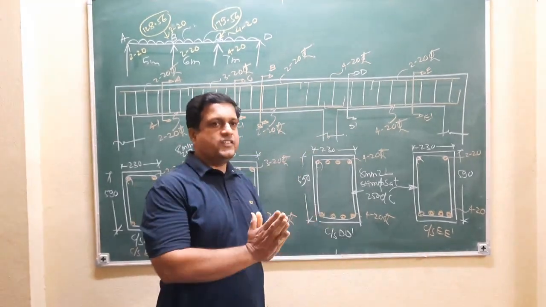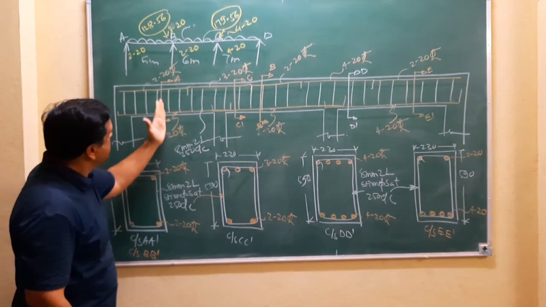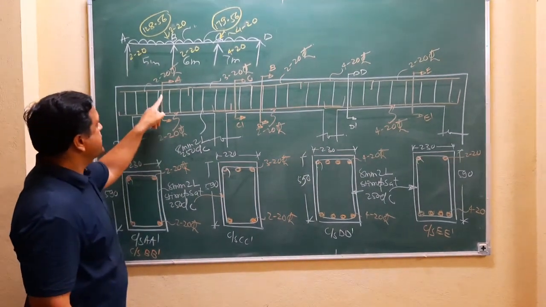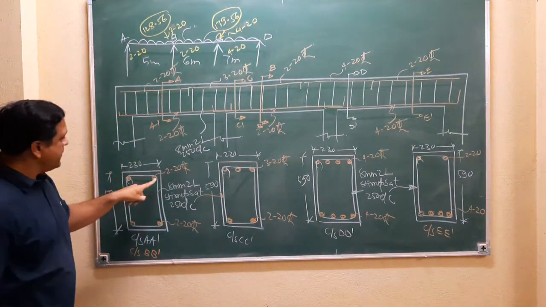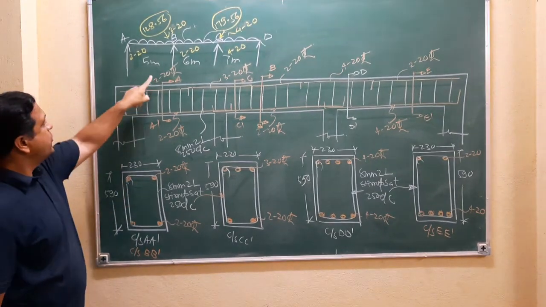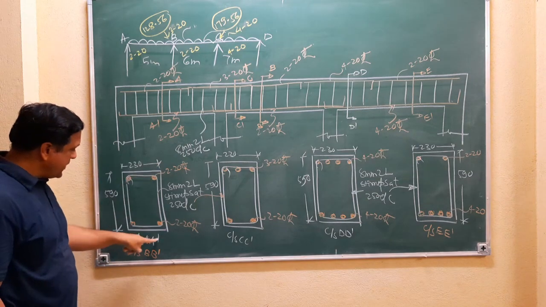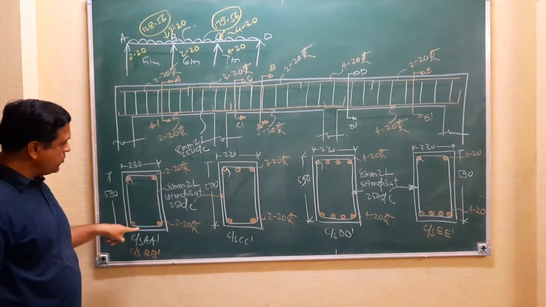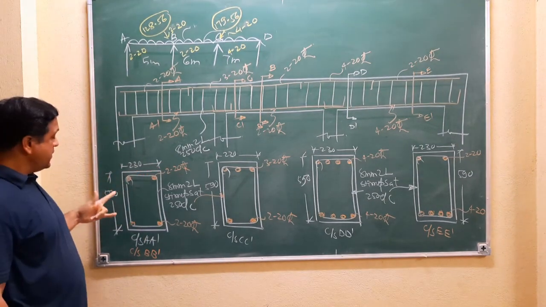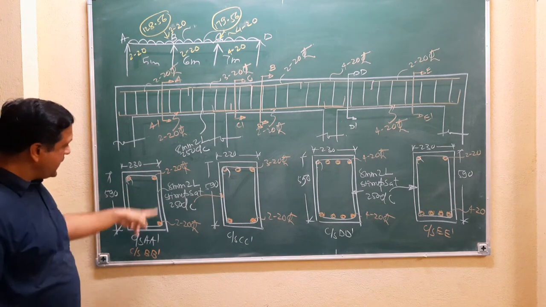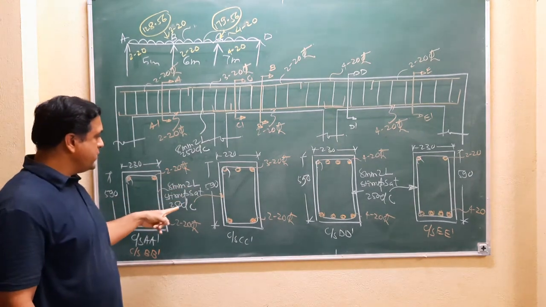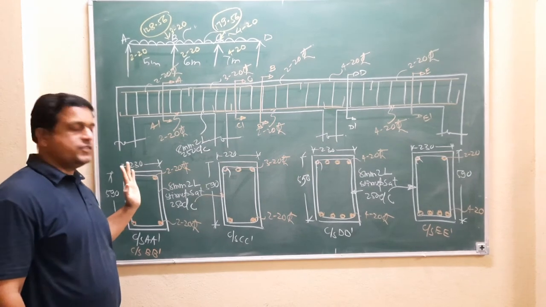So this is the shear design. Now if you cut the beam at this location, section AA dash, 2 bars of 20 mm diameter to show at top. At bottom 2 bars of 20 mm diameter you have to show. Width of the section is 230 mm. Overall depth is 590 mm. And stirrups are 8 mm diameter, 2-legged at 250 mm center.